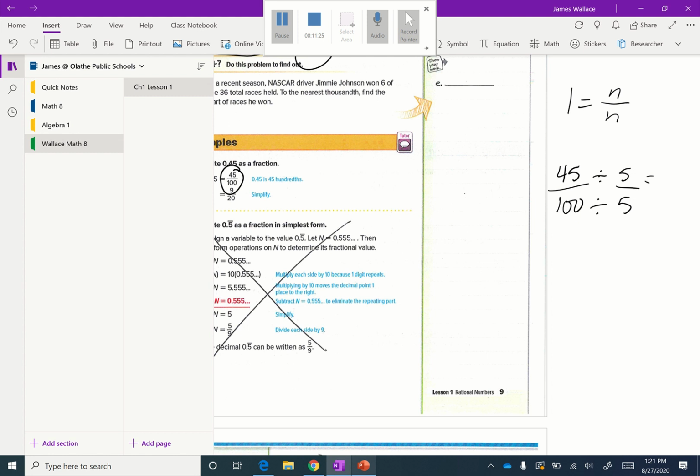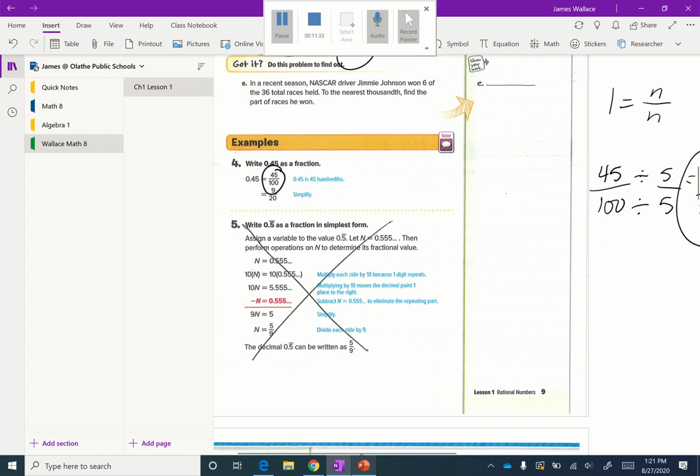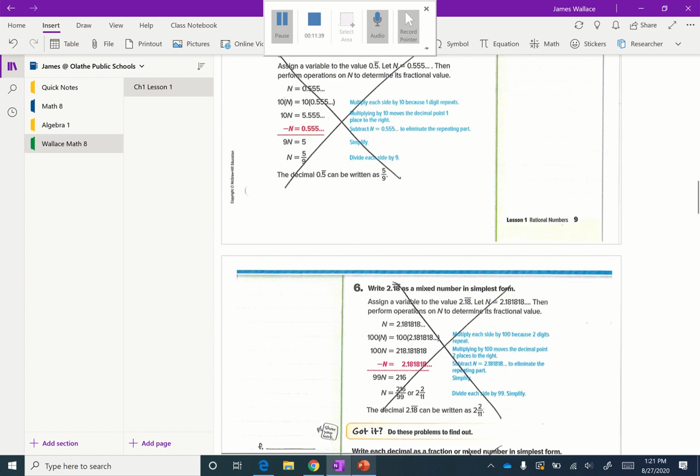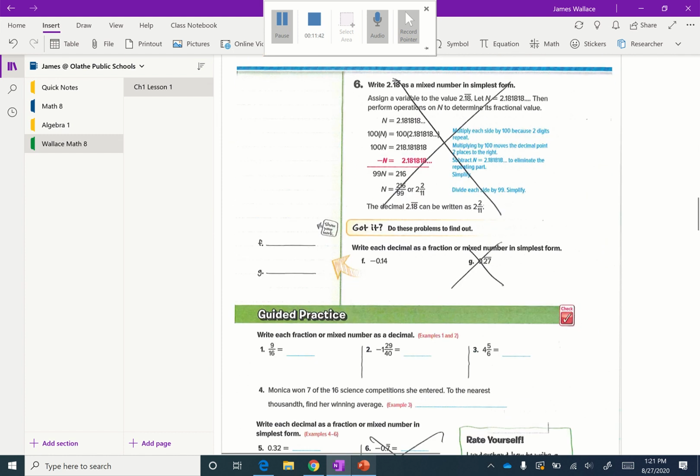So 45 divided by 5, I'll tell you, is 9. 100 divided by 5 is 20. So our simplified version would be 9 over 20, or 9/20, and that's the answer that they give you right there.